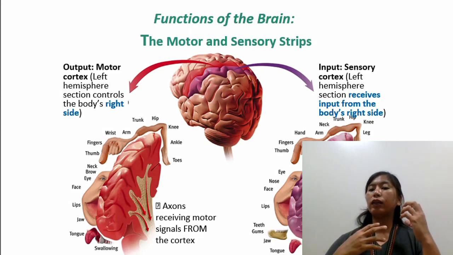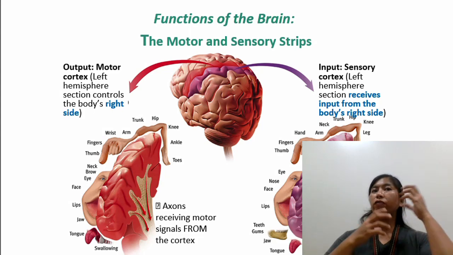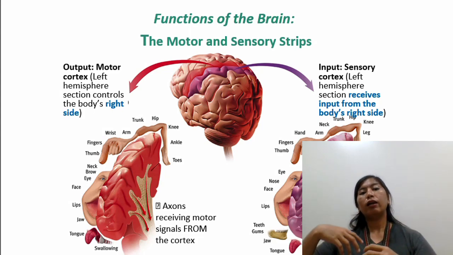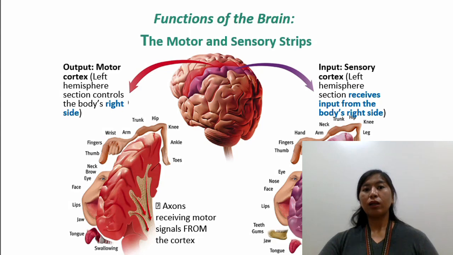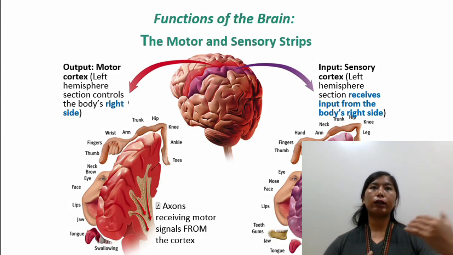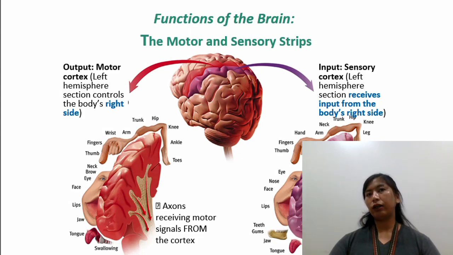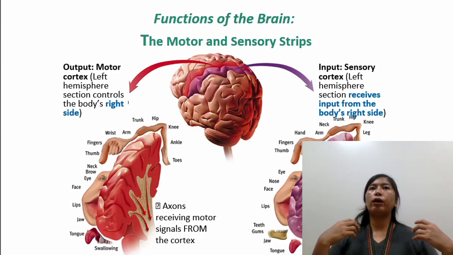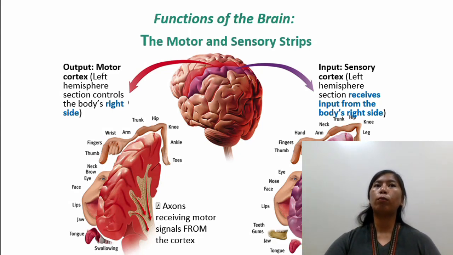The left hemisphere sensory and motor cortex is processing the right side, and the right hemisphere is processing the left side of our limbs, our sensory motor connection, as we are receiving stimuli through our sensory receptors and our afferent neurons. And then as we respond to our environment, we have our efferent neurons signaling our motor reaction to different stimuli, depending on whether it is a threat or not a threat.